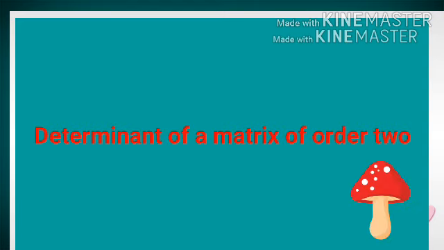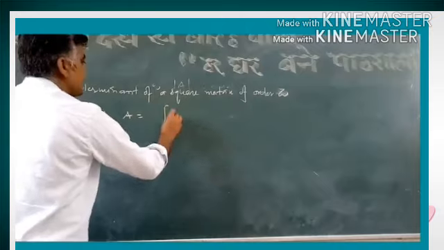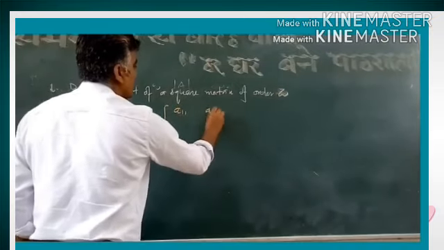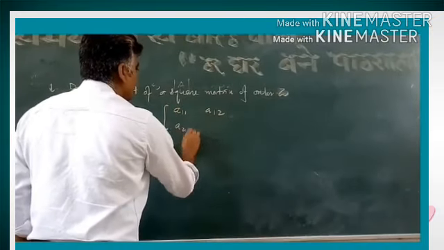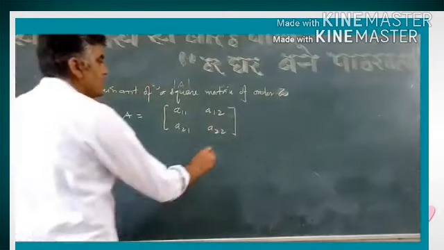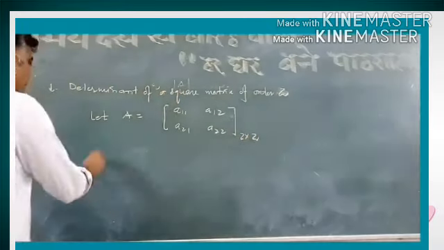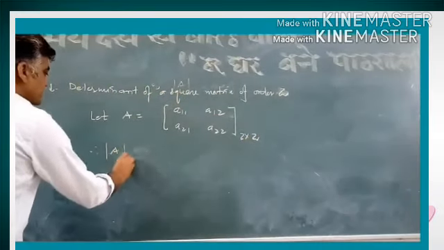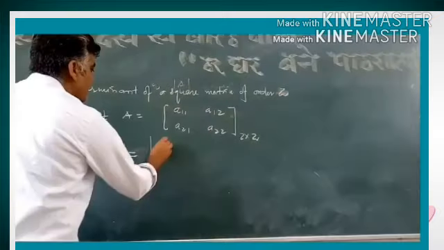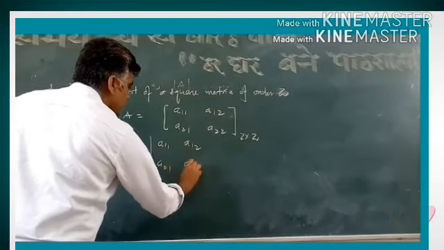Now we will find the value of the determinant of a matrix of order 2. Let A equal to [a11 a12; a21 a22]. This is a square matrix of order 2 into 2. Therefore, determinant of A is equal to the determinant of [a11 a12; a21 a22].